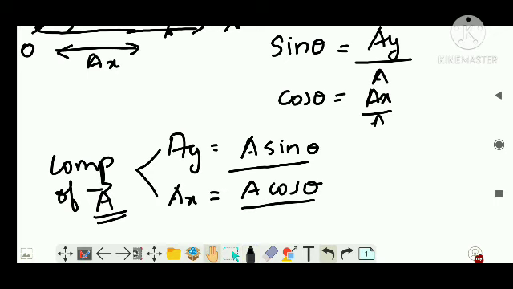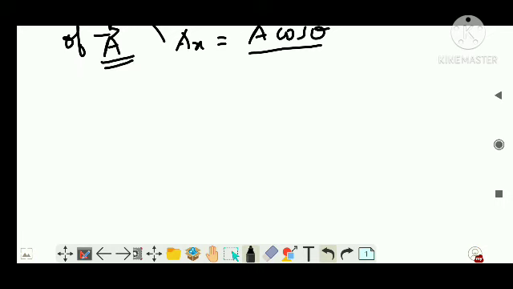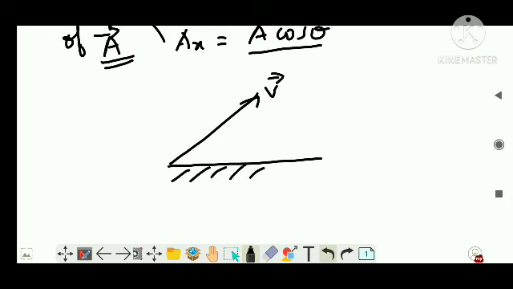Clear? So let's take an example like this. Suppose there is a velocity vector like this and this is the ground, say, right? Let's say this ball was thrown like this, so that the velocity vector will be in this direction when the ball is thrown, right? Let's say this velocity vector is making an angle of 30 degrees. So this velocity can be divided into two parts.